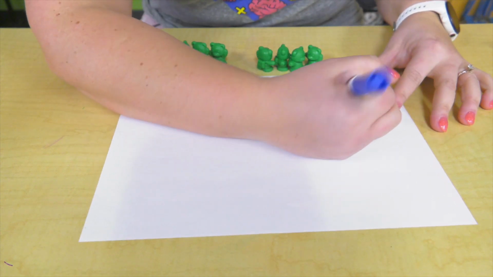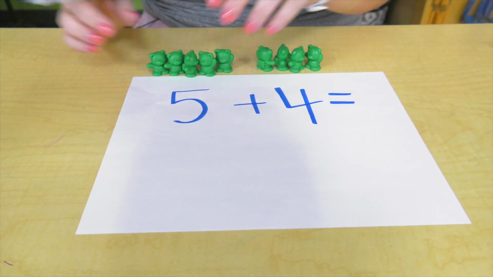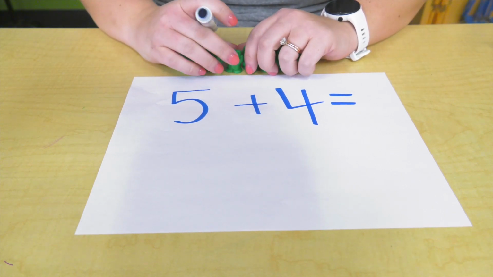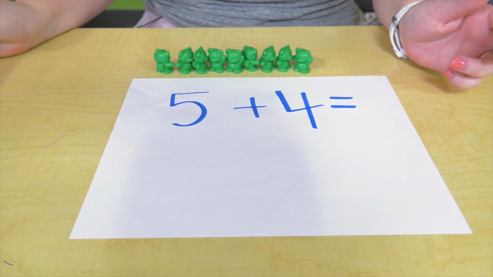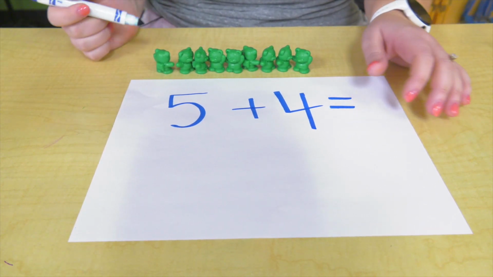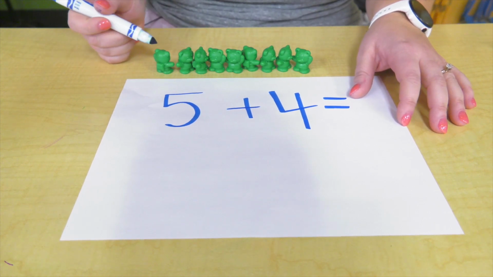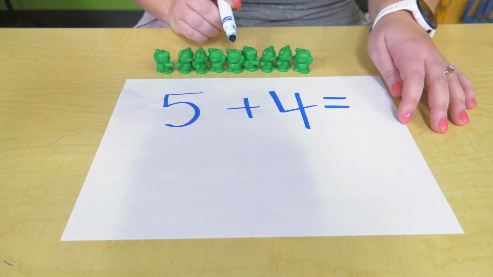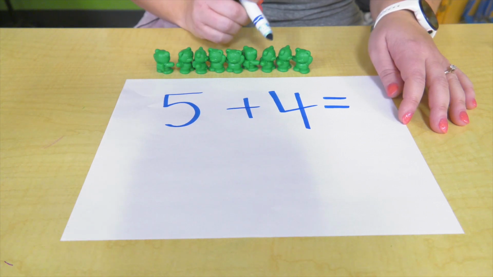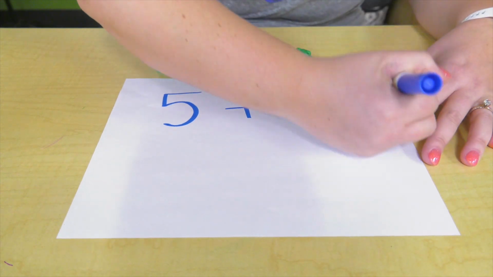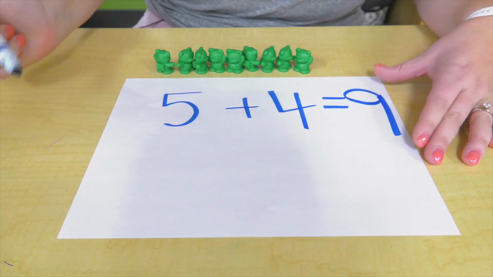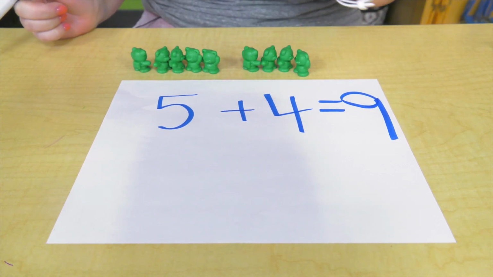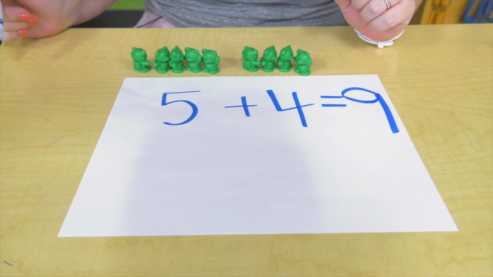I want to know how much it equals. I want to know how many bears we have all together in both groups. So I push my groups together and we can count them up to see how many bears we have. 1, 2, 3, 4, 5, 6, 7, 8, 9 bears. So we have 9 bears in all. So I know when I put 5 and 4 together, I get 9.